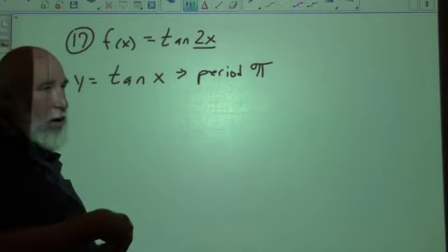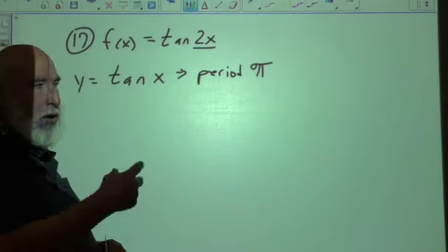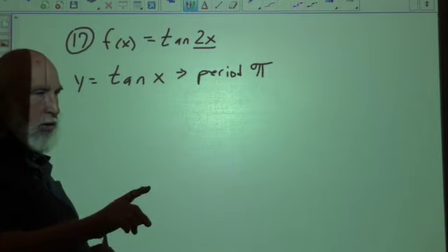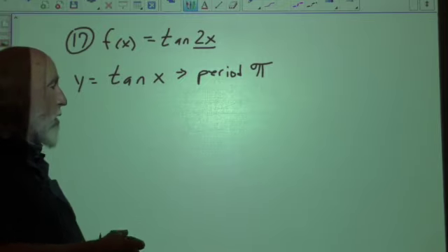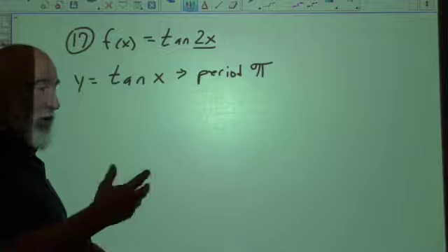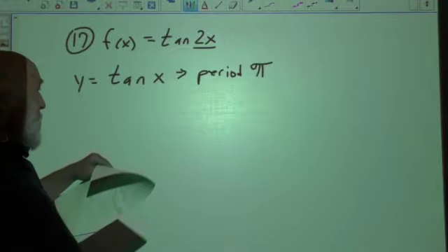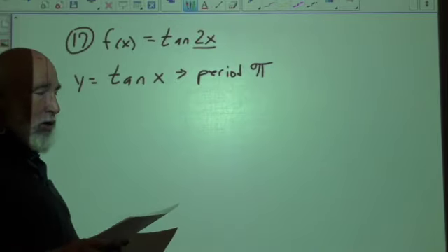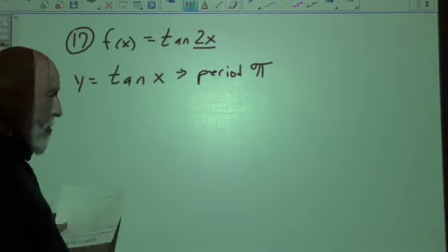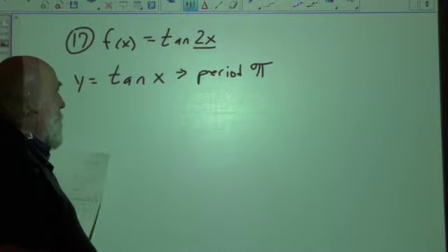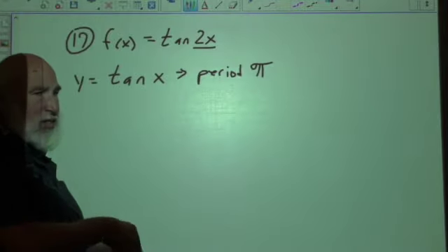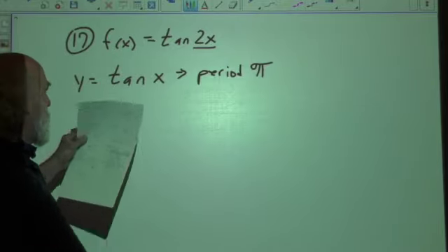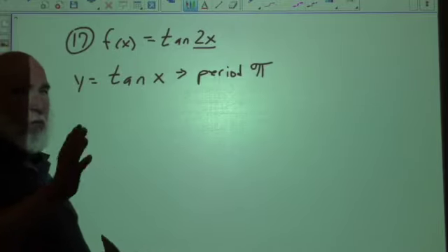Do the same thing: if there's no block on it, then go down and get the cursor on it, hit enter, and then hit the right arrow to make sure it's on. Then hit graph, using Zoom 7, the trigonometric standard, and take a look at that. If you don't see the difference, you probably should turn on both of them at the same time and watch how that goes.